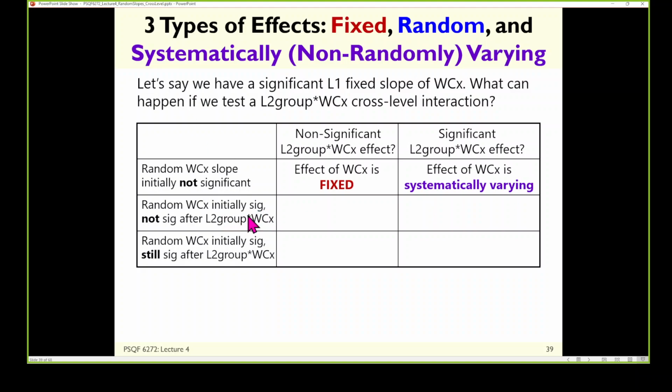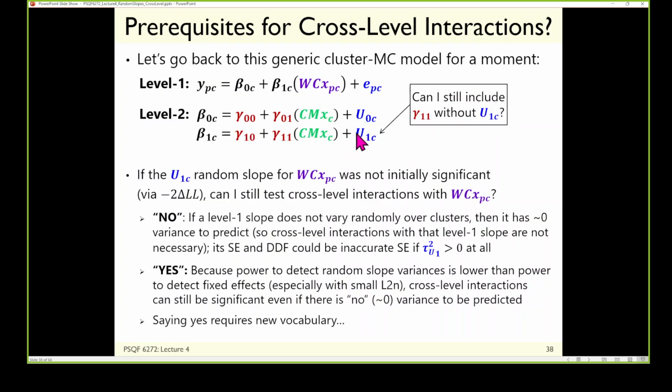Let me see if I can phrase it in a way that's more direct. So we thought we had cluster differences in this within school slope. We added in a predictor that we thought was one of the reasons why. And the U1 variance that was left over after this goes to 0. It doesn't randomly vary anymore.